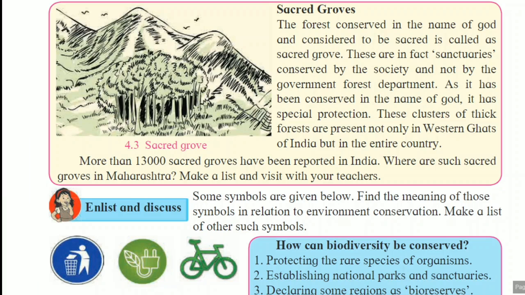Next point, the sacred groves. Diagram 4.3, that picture indicates the sacred grove. What is this? A short note may be asked on this. The forest conserved in the name of God and considered to be sacred is called a sacred grove.